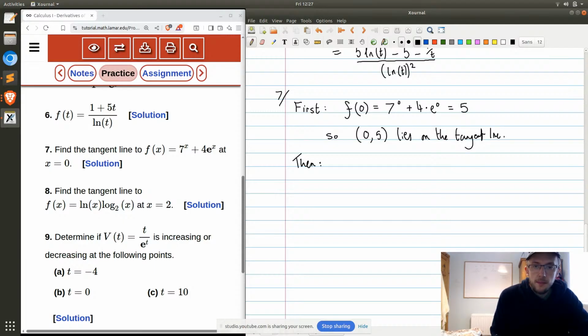Then f prime of x. 7 to the x, when you differentiate that, you get ln 7 times 7 to the x. For 4e to the x, when you differentiate that, you get 4e to the x.